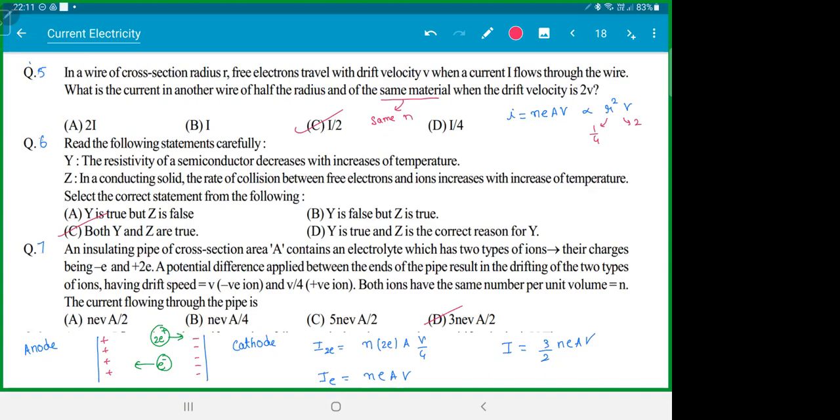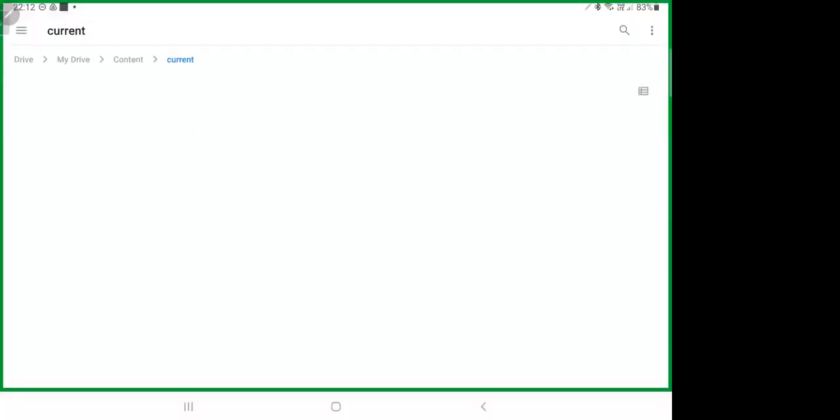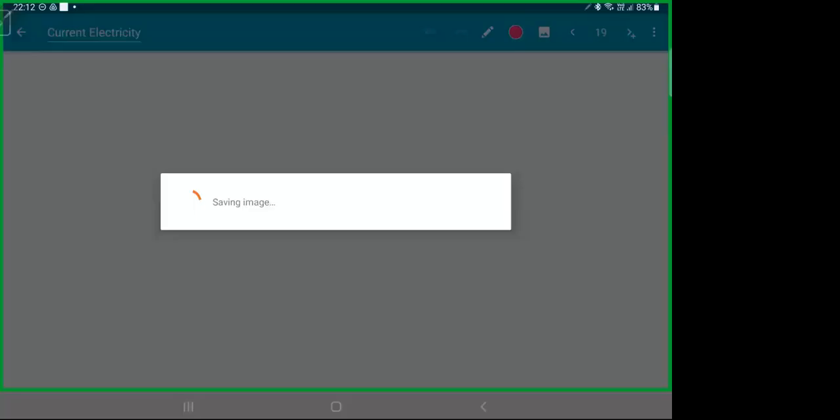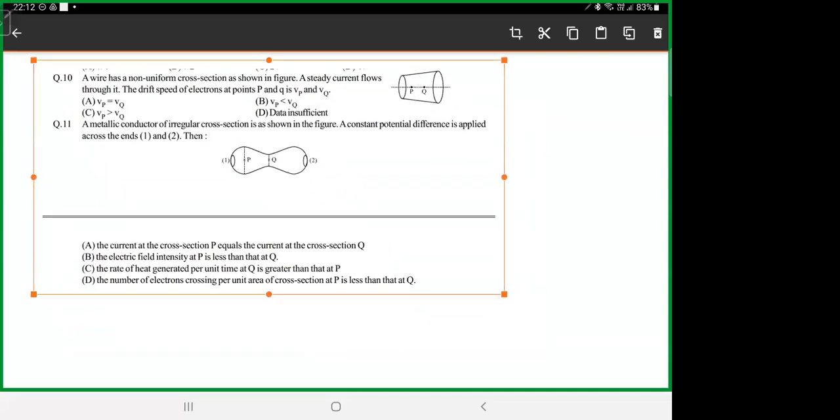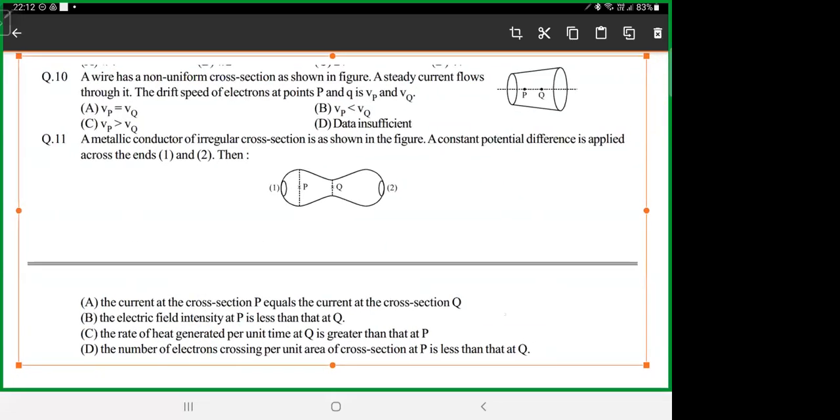Clear? Any doubts on this thing? 6, 5, 6, 7. Turn the page. All clear? These are good ones, right?